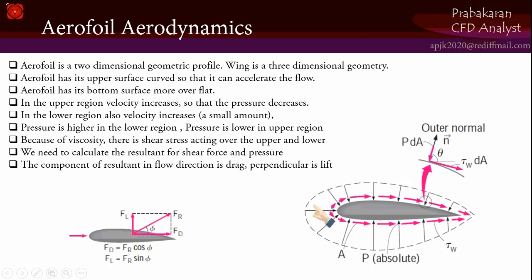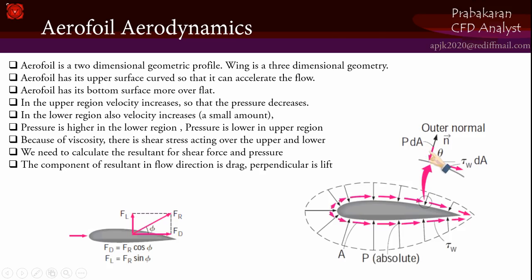And when there is a fluid flow, because of friction at the solid aerofoil surface, there will be shear stress production on the aerofoil's outer periphery. If I extract a small infinitesimal area dA, I will have a force perpendicular to it, which is pressure.